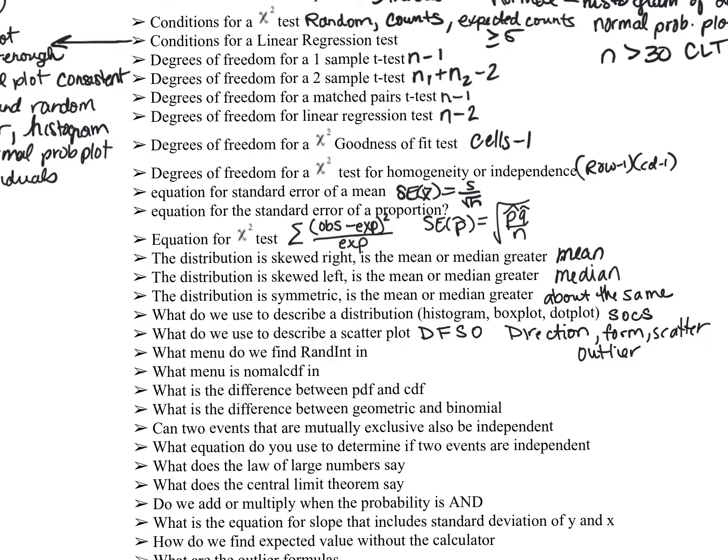Remember, direction is positive or negative, and you want to say the scatter plot is positive as height increases, weight increases. As number of hours worked increases, GPA decreases, whatever it's talking about. Form is it linear or curved?